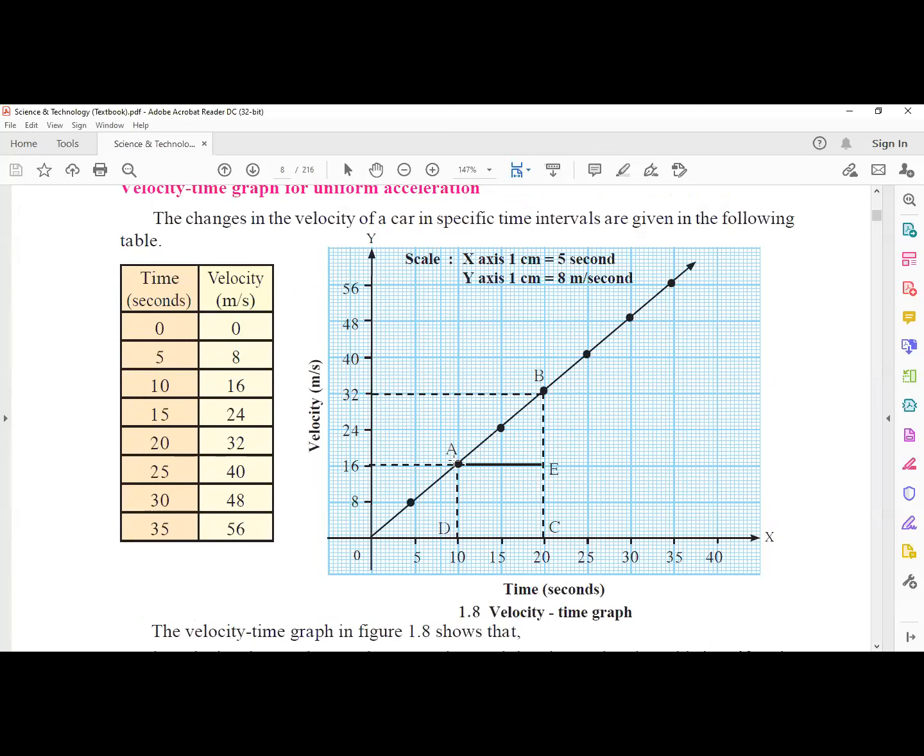You just need to calculate the slope so as to get the value of acceleration. So try to find out this thing.